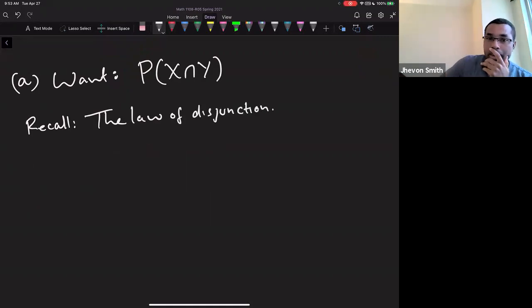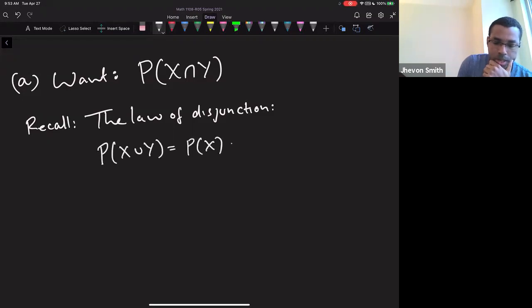Which is again, way back. We proved this with the help of the inclusion-exclusion principle. Very important rule. We've actually used it a few times. So this is the one that tells you that OR is equal to the sum of the probabilities.